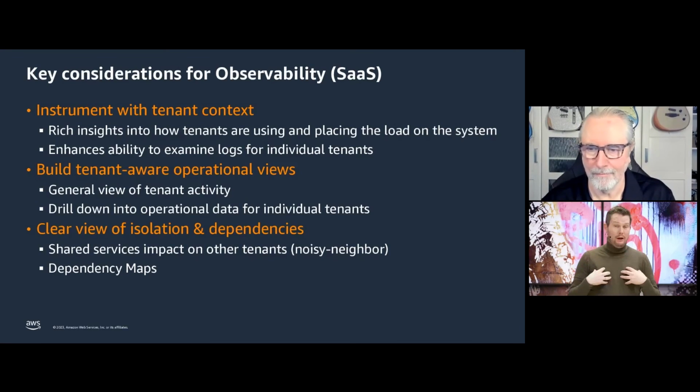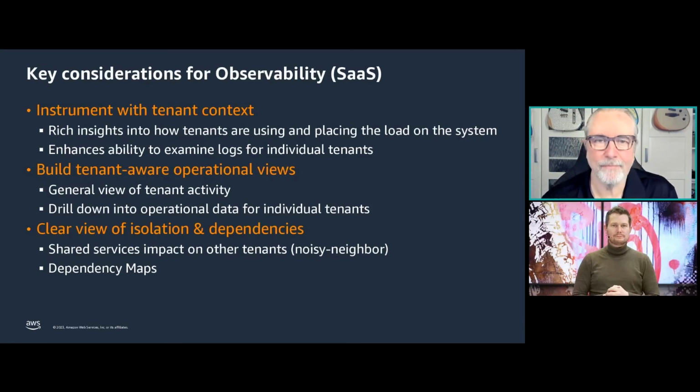And what we see at our customers that helps tremendously is that rich dependency map. So knowing how all resources are connected to each other, we think is really the foundation to start managing complex workloads and complex environments, multi-tenant, siloed, bridged, whatever pattern that you pick.